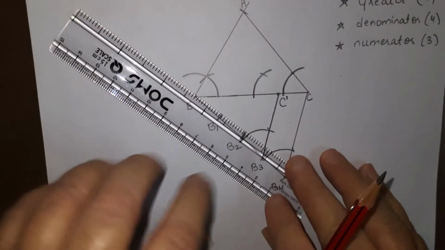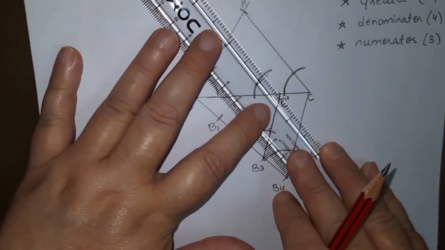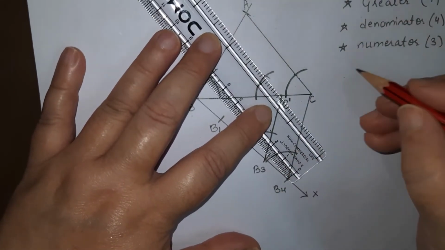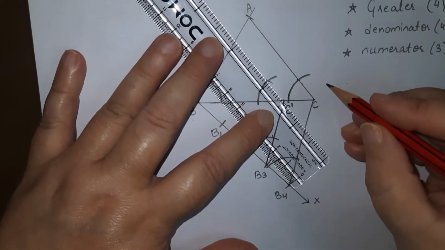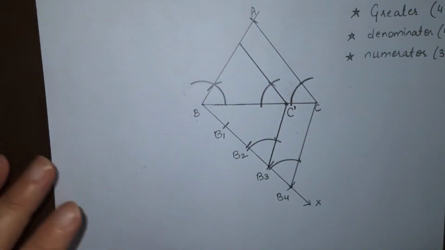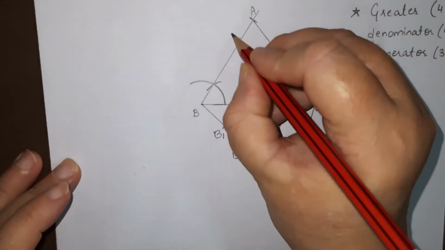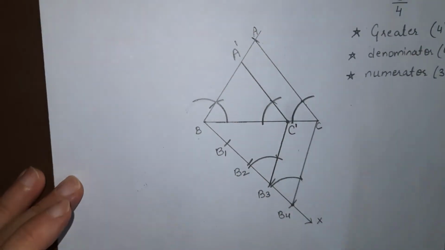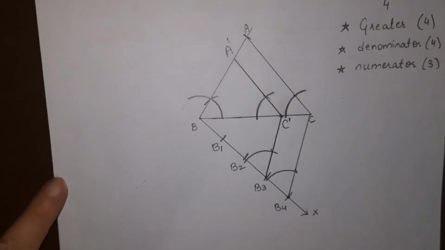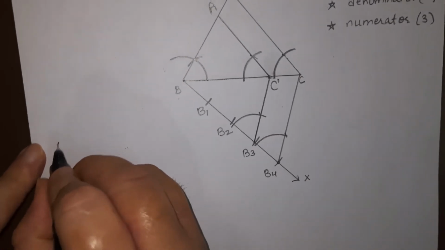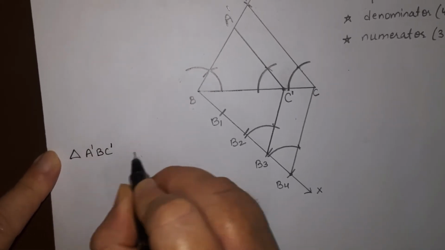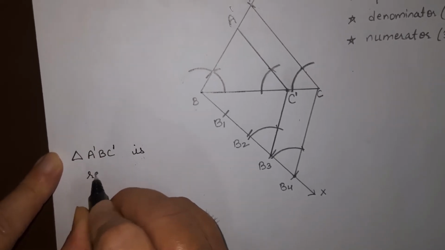In this way a line through C dash parallel to CA is drawn. Let this parallel line intersect AB at A dash. So this is the required triangle A dash B C dash.